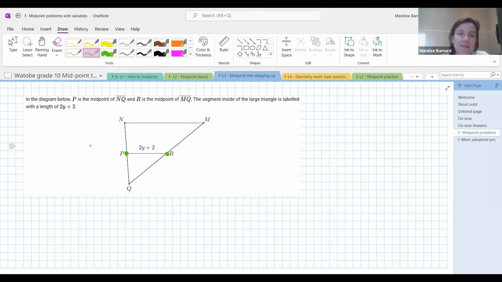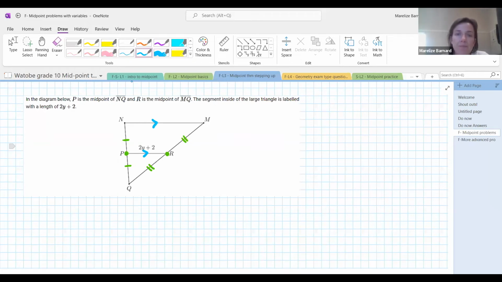So because that is given, I can now also say PN is equal to PQ, and I can put my little markers here to remind myself that those lines are equal. Because of those midpoints, we can also mark the line that is parallel. I'm going to take this blue. So PR will be parallel to NM because of the midpoint theorem.